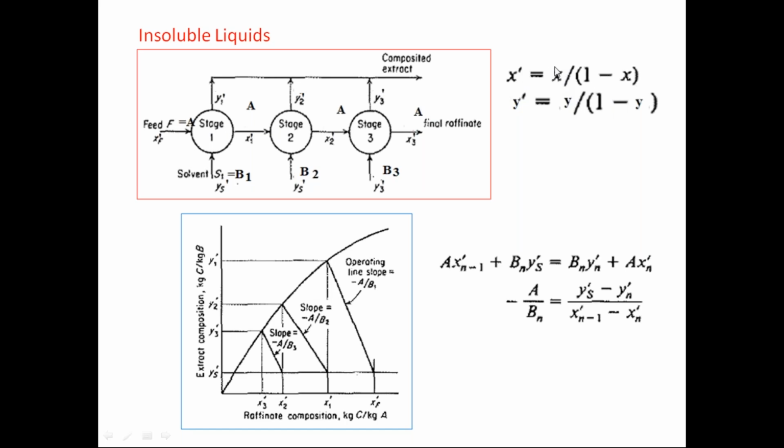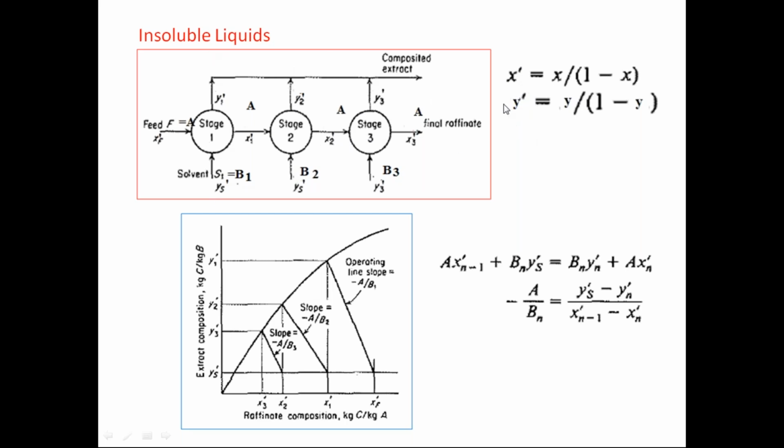So what is this? x is the weight of C divided by weight of A, which will give you the x prime. Similarly, in the extract phase, which are vertical at each stage, so they are called extract streams.